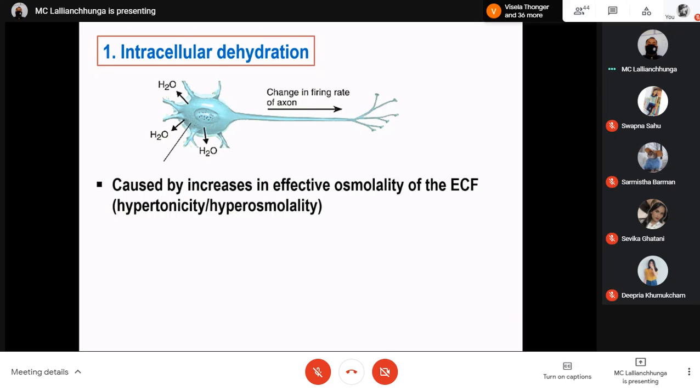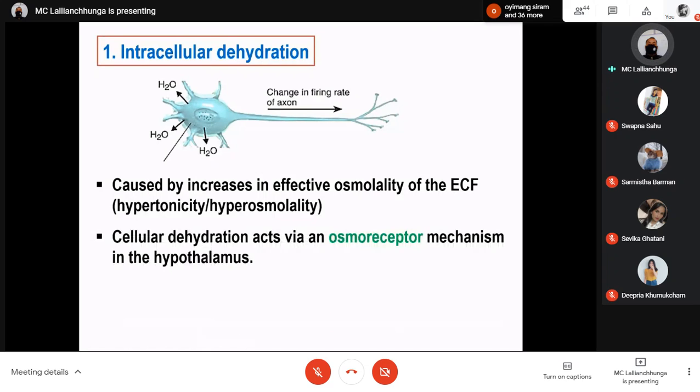As you know, intracellular dehydration is caused by increases in the effective osmolality of the extracellular fluid, hypertonicity or hyperosmolality. Cellular dehydration acts via an osmoreceptor mechanism in the hypothalamus.